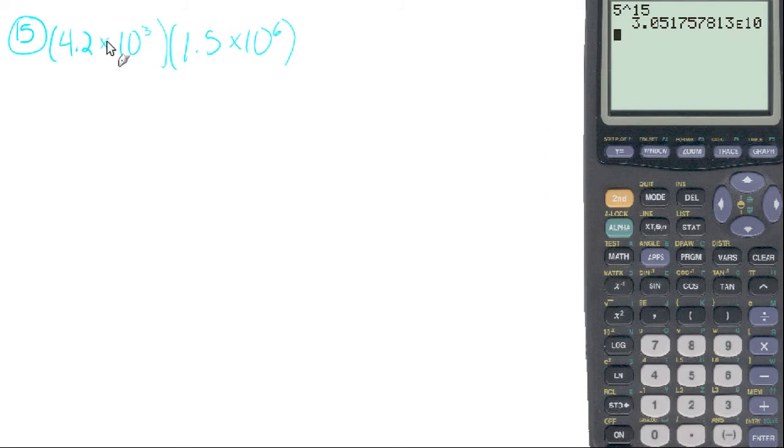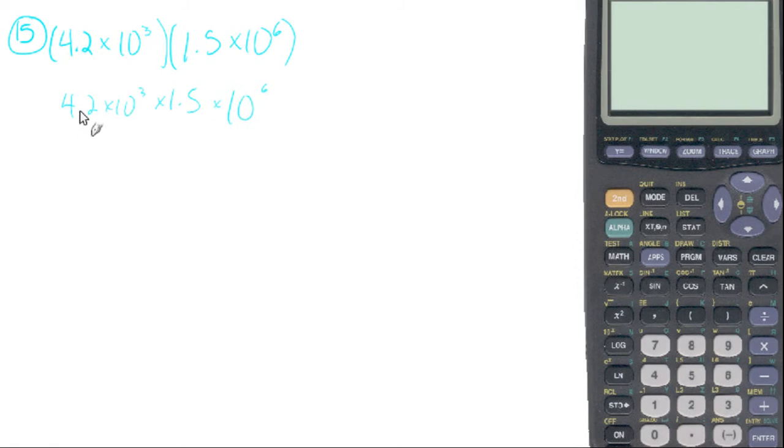So look what we have here: 4.2 times 10 to the third times 1.5 times 10 to the sixth. Everything's being multiplied together. Even though we have parentheses here, there's no need for them.